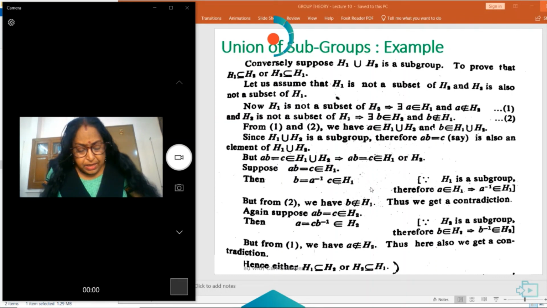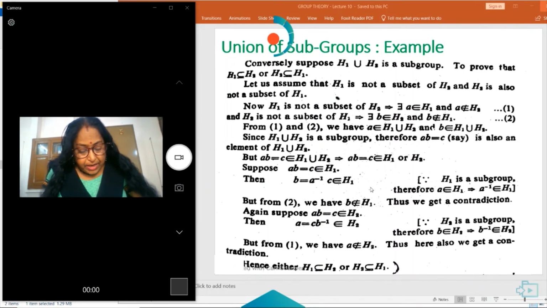Then B is equal to A inverse C belongs to H1. But from 2 we can see that B does not belong to H1. Again suppose that AB equal to C belongs to H2. Then A is equal to C B inverse belongs to H2.